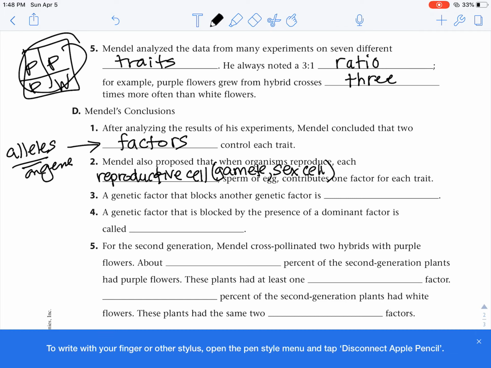Number 3, a genetic factor that blocks another genetic factor. So the one factor that is overriding the other factor, we call that the dominant factor. It is the blocker. It is the overriding factor. And then number 4, a genetic factor that is blocked by the presence of a dominant factor is called recessive.